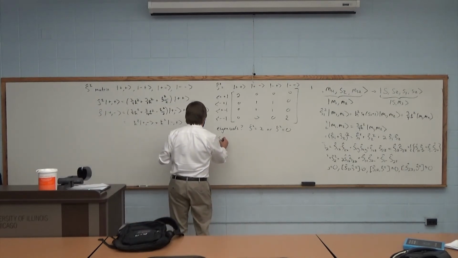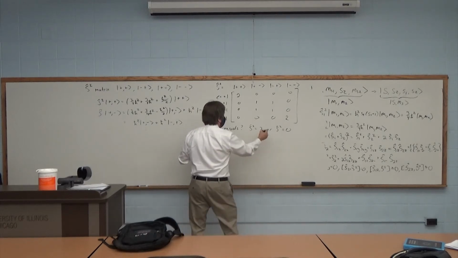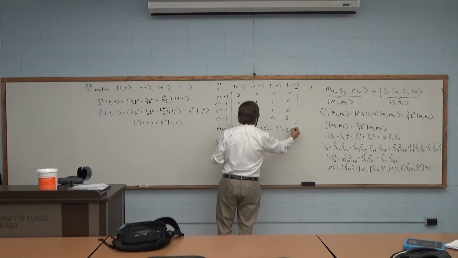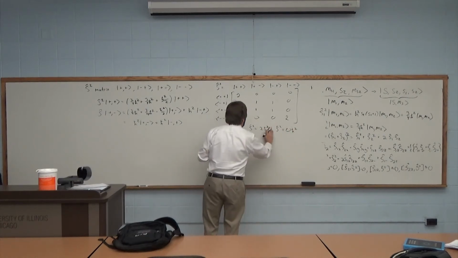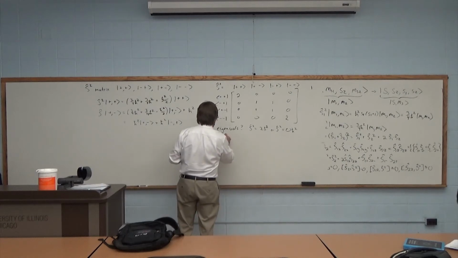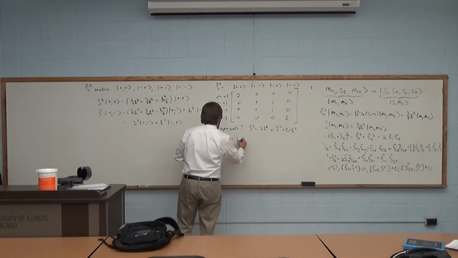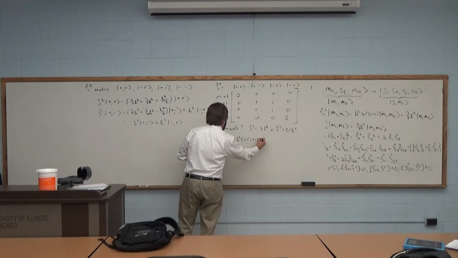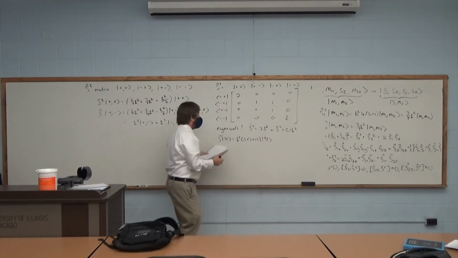Now we know that S squared on a wave function is going to return, sorry, you know this is h bar squared, right? I'm going to forget the h bar or h bar squared all the time, but we know that the spin squared is h bar squared s times s plus 1 times the wave function. Okay, so let's see here.